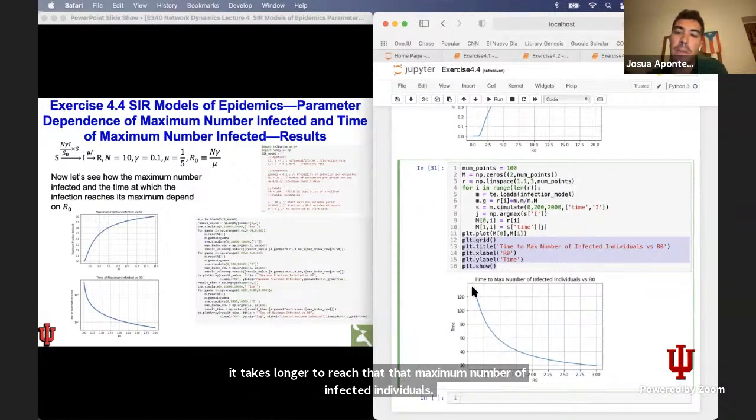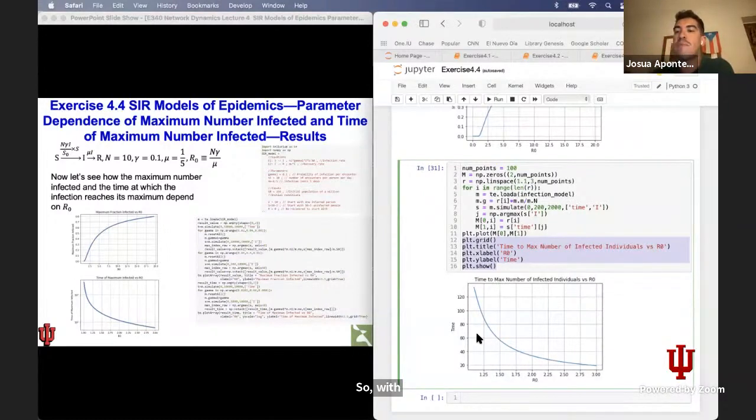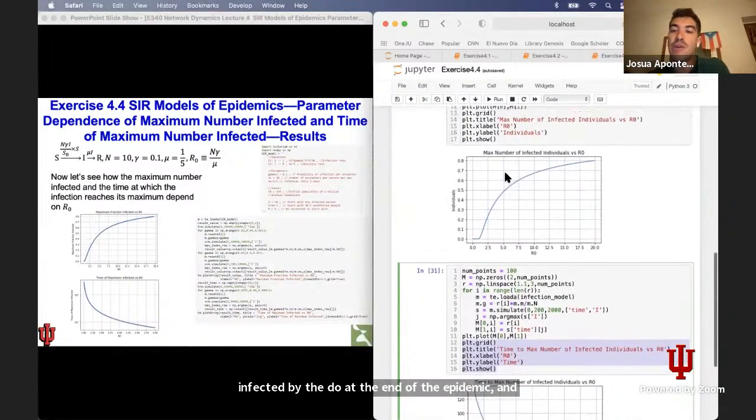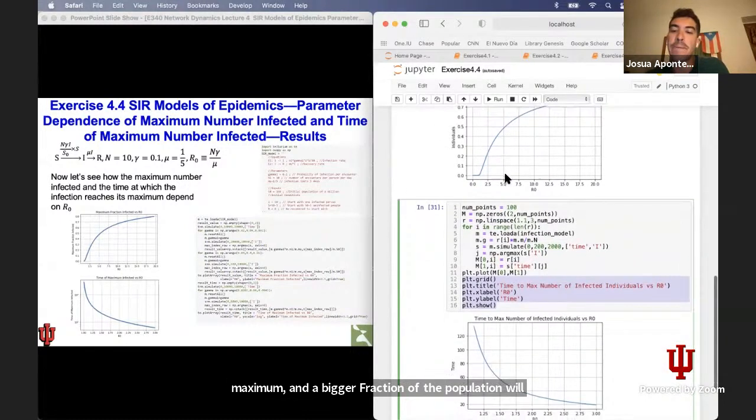So with a smaller R0, the epidemic ends faster, and it results in fewer individuals being infected at the end of the epidemic, as opposed to a bigger R0, where the epidemic lasts longer, and hence a bigger number of individuals are infected at the end, and a bigger fraction of the population will be infected at the peak of the epidemic.